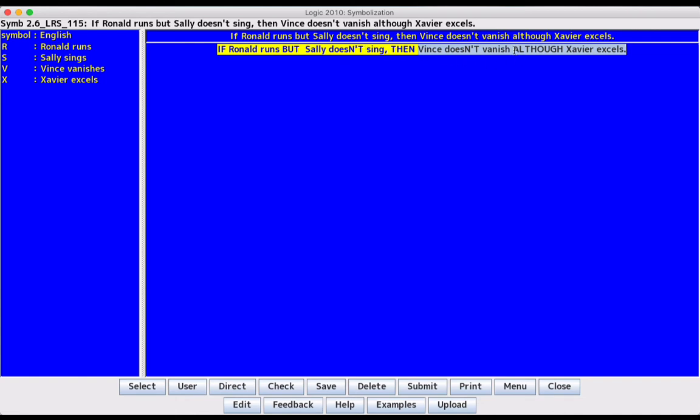As it turns out, if we remove the although, we are left with two sentences. We're left with Xavier excels, and we're left with if Ronald runs but Sally doesn't sing, then Vince doesn't vanish, which is a conditional, if this, then that. So when we remove the although, we're left with exactly two sentences. But here's the thing. When we remove the if then, the sentence breaks where the comma is. But when we remove the although, the sentence does not break where the comma is.